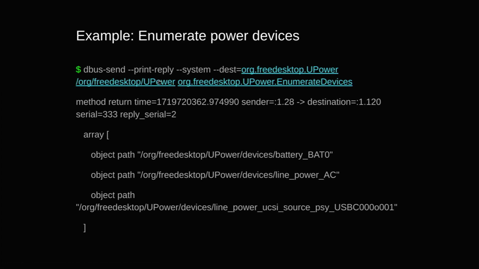It also has an object path /org/freedesktop/UPower, and the object has an interface org.freedesktop.UPower. And the interface has a method EnumerateDevices. I'm going to use the dbus-send command to send a method call message to UPower. And because UPower connects to the bus with the system type, it's --system here. And let's try it.